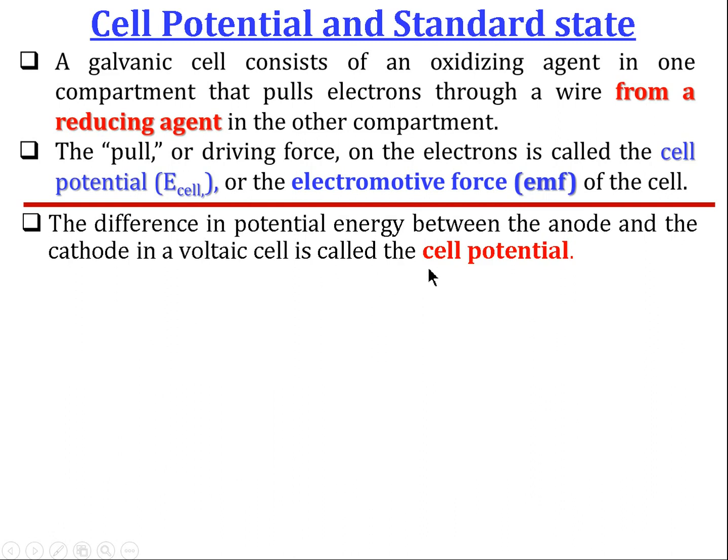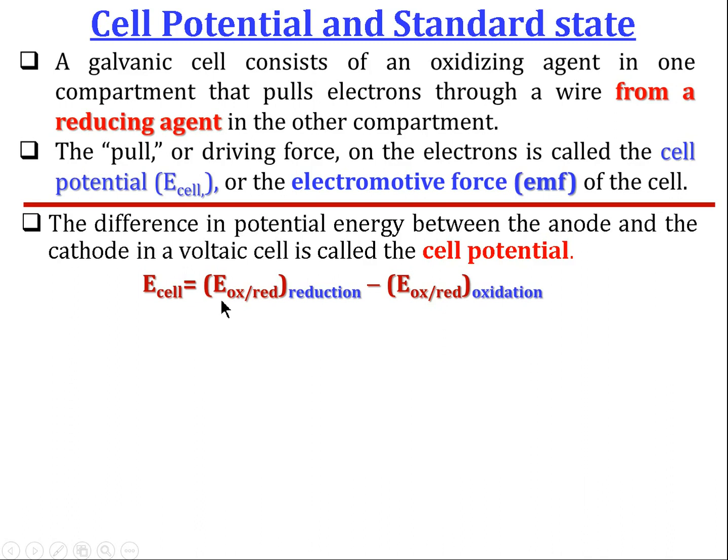By definition, the cell potential, E cell or EMF, is the difference in potential energy between the couples at the anode and that at the cathode. So E of the cell is equal, by definition, to E ox/red at the reduction minus E ox/red at the oxidation.